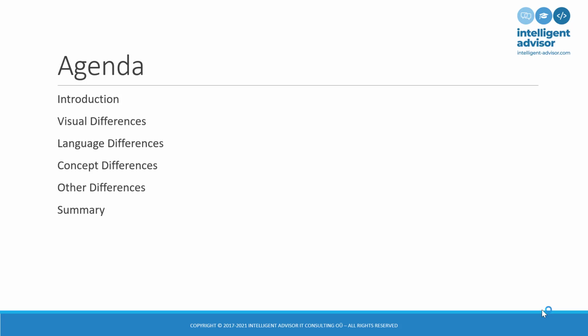Concept differences, ideas that exist in decision services but not in Oracle Policy Modeling. And then a final catch-all category, other differences, to cover off anything that didn't fit in the previous 3 categories. Finally, we'll finish off with a summary.